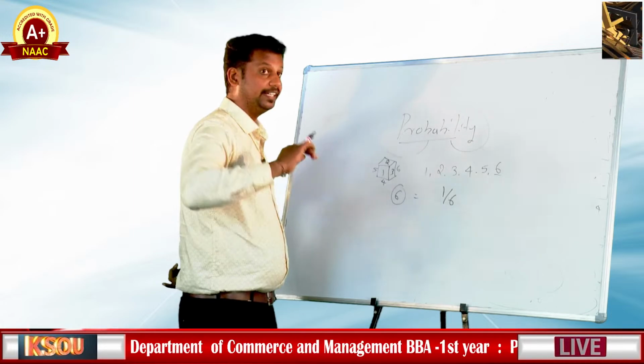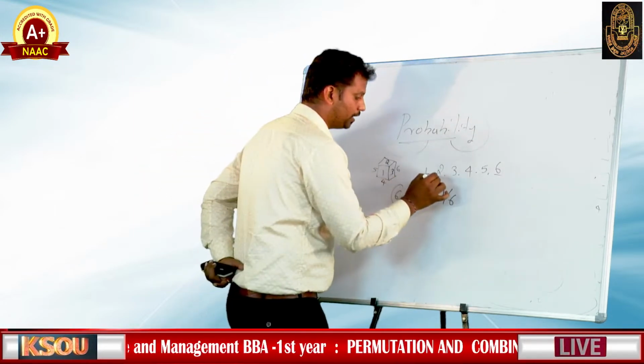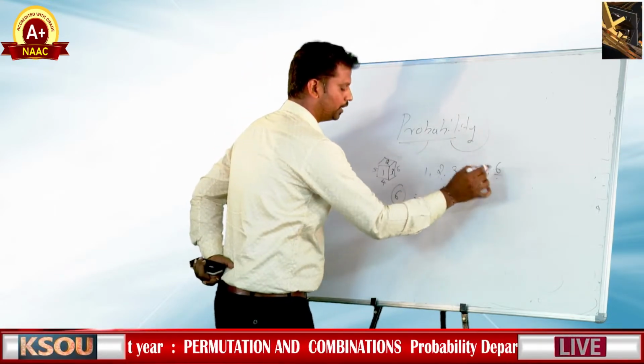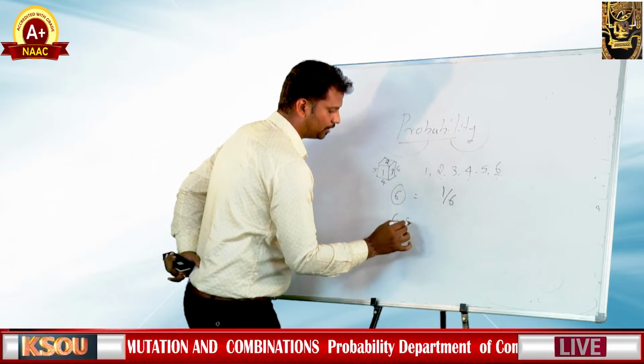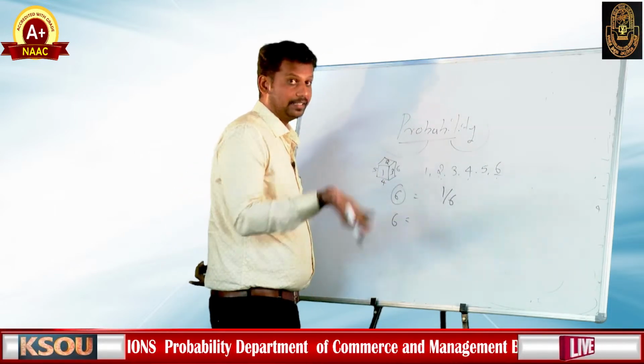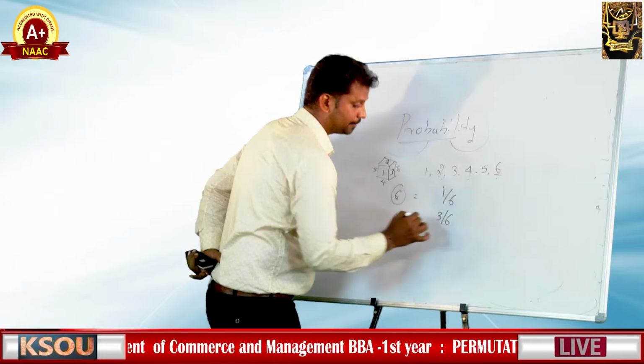And the probability of getting even numbers. How many even numbers are there? 1, 2, 3. So out of 6 events, the probability of getting even numbers when I throw a dice is 3 divided by 6.